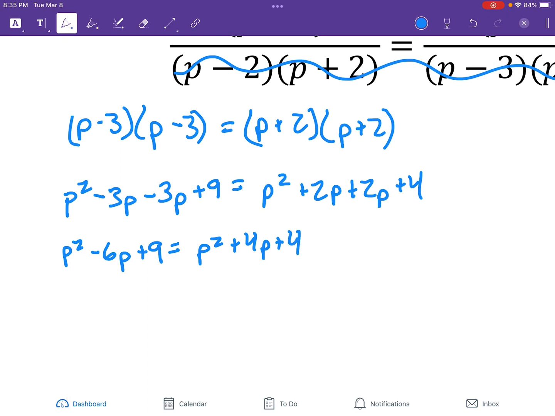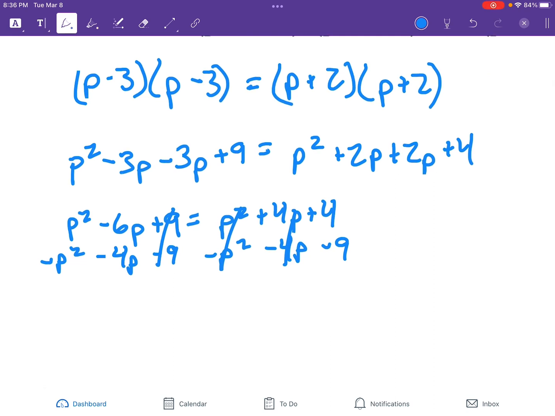And we need to solve for p, so we're going to take all the p's and put them on the left. I'm going to take all the numbers, put them on the right. So this goes away. All right, what will happen here is the p squared and minus p squared will cancel each other out.